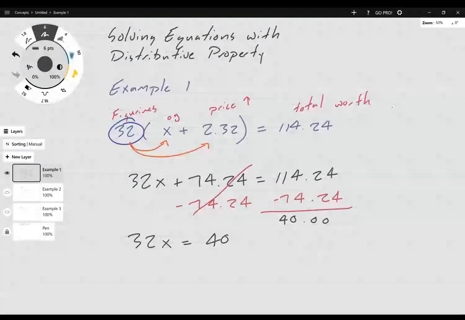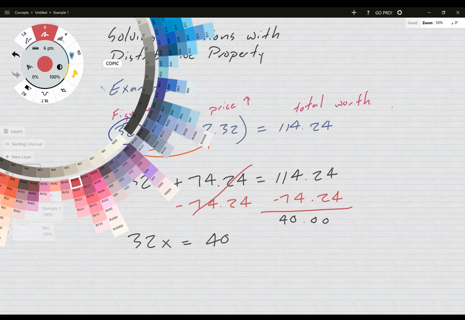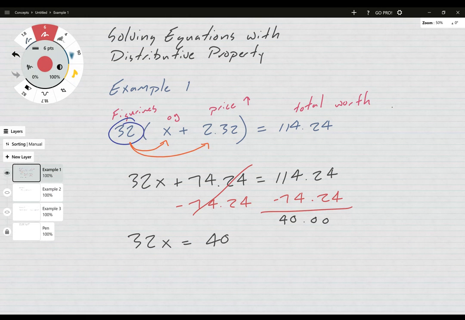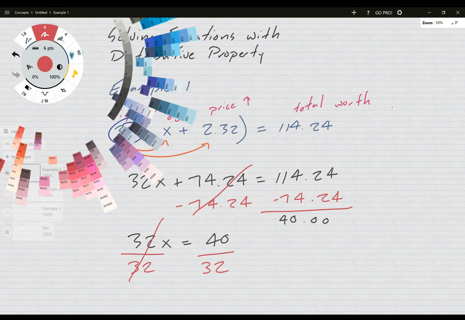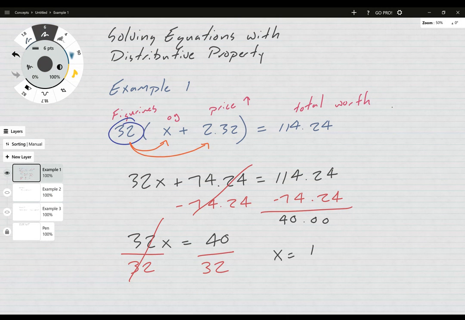I did my first step of subtraction. Now I need to use my inverse operation of multiplication, which is division. So I'm going to divide by 32 on both sides. 32 divided by 32 is 1. Those just cancel each other out. So all I have left now is x equals 40 over 32.